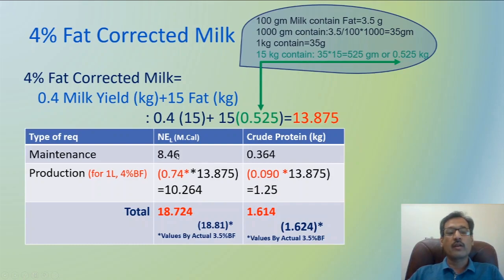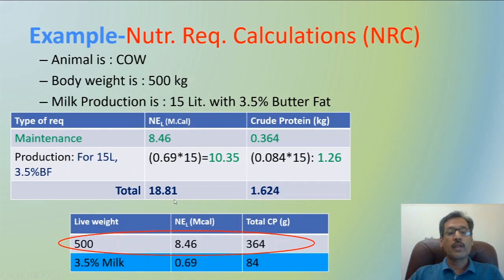So now by summing up these two values, 8.46 and 10.26, we have 8.724, and for protein we have 1.624. If you just remember the previous table where we have taken the values, that is 18.81 and 1.624. These calculations were done by directly taking the value from the table.